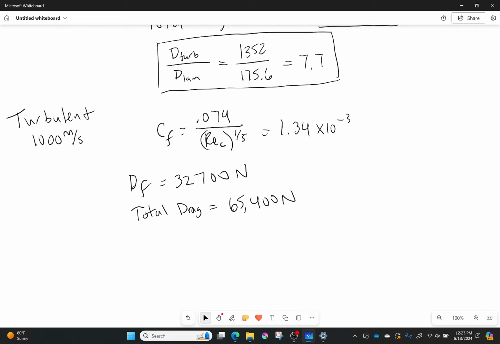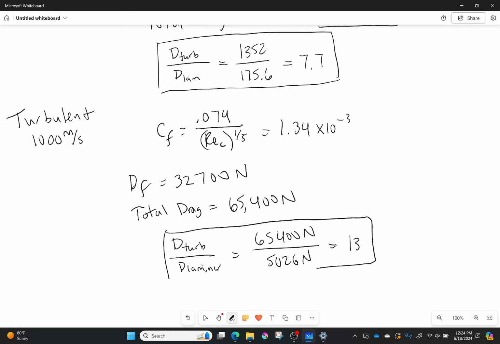So if we compare one more time, we'll see that when we go to even faster speeds, the drag turbulent over drag laminar would be equal to 65,400 newtons over 5,026 newtons, which is equal to a factor of 13. So what you're seeing here is that as I go to higher speeds, there is a greater and greater penalty for being turbulent versus laminar, okay?